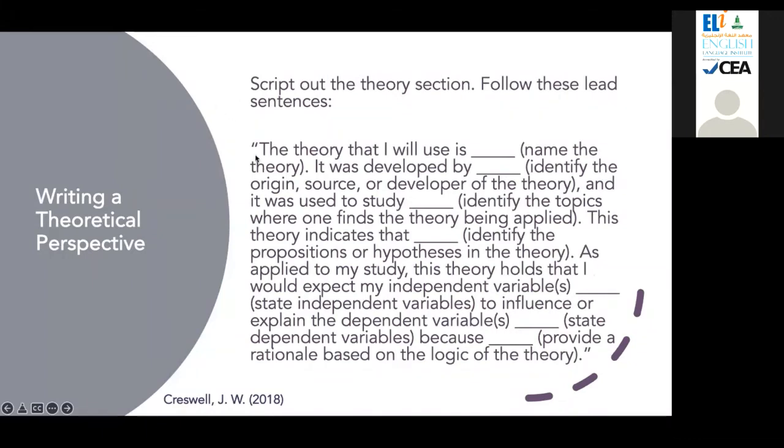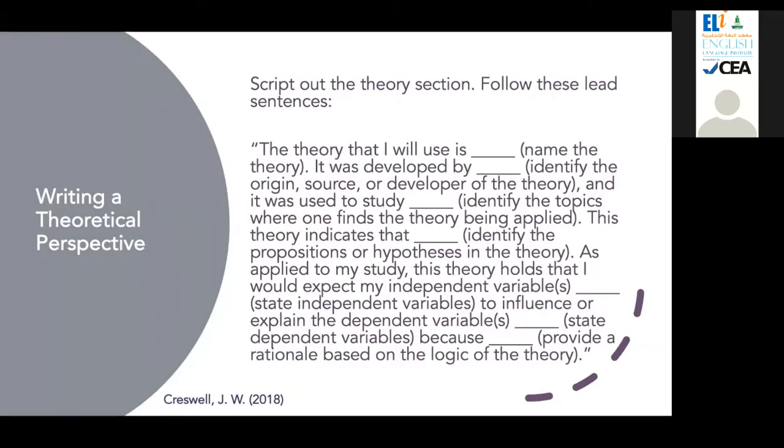Okay, so I stopped here showing you a script. It acts like a template on how to write the theoretical framework. So you basically state the name of the theory, the person or the researcher who developed it.